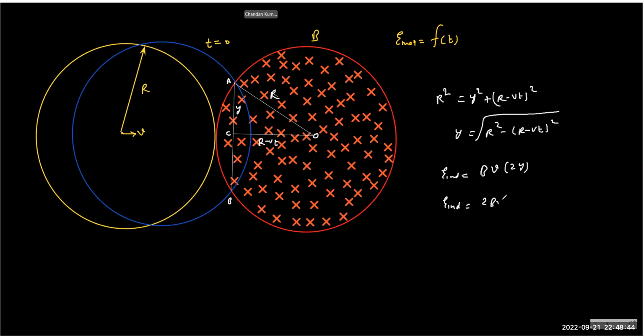So 2BV times the square root of the expression, and this is for the case when vt is less than R. That's it. I hope this is clear. And this we apply for t less than R by v, because the definition should be correct, right?